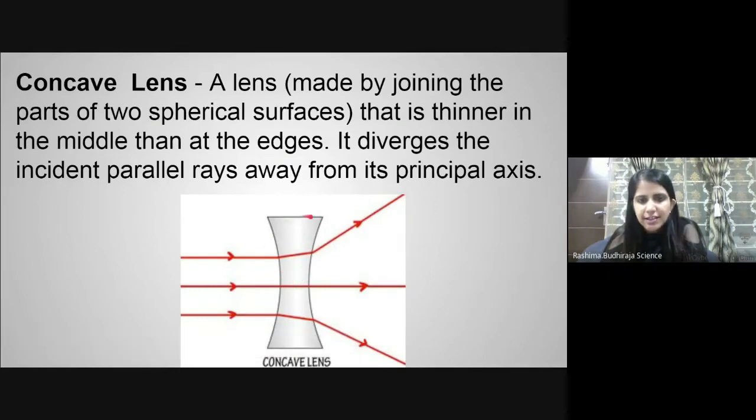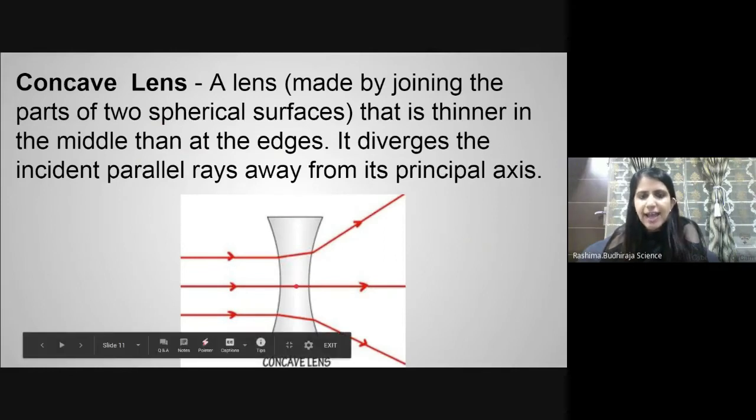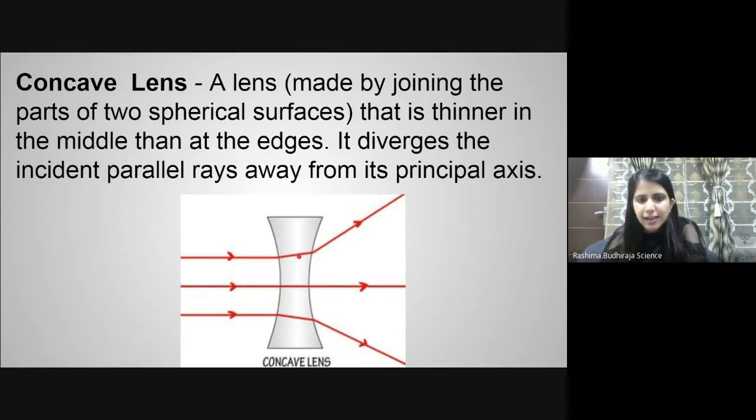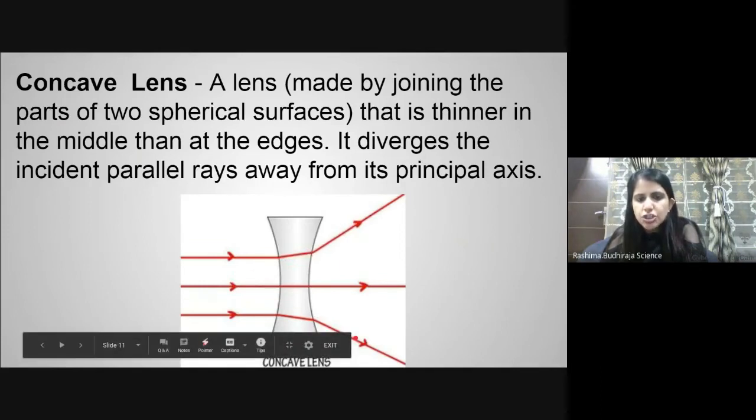The edges are thicker. Hence, it is a concave lens. And look how is light refracting through this concave lens. The incident parallel rays of light are diverging away from the principal axis. So, this concave lens is a diverging lens.